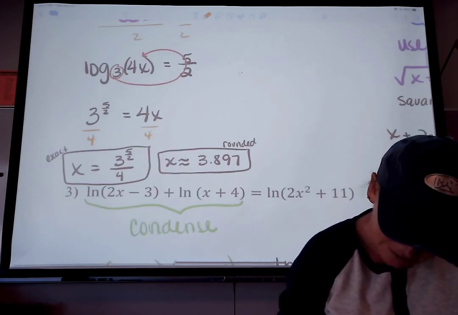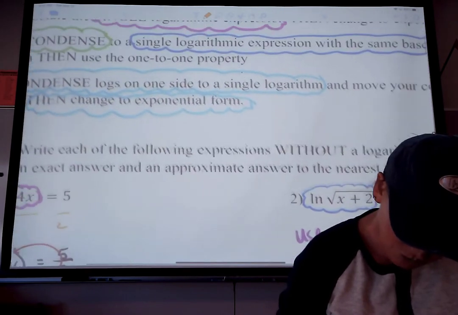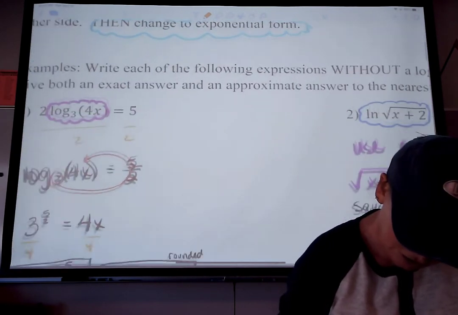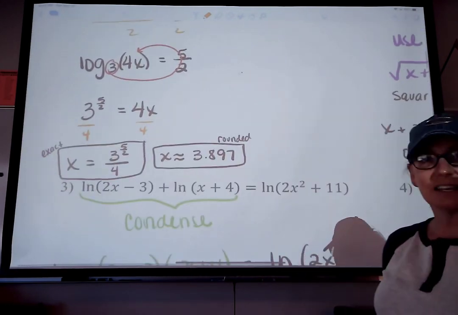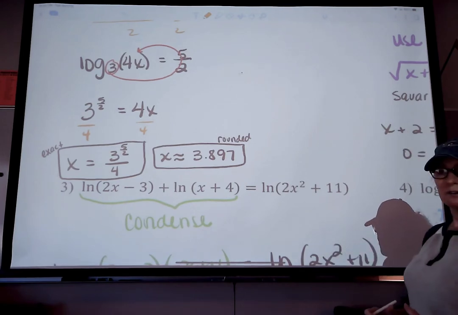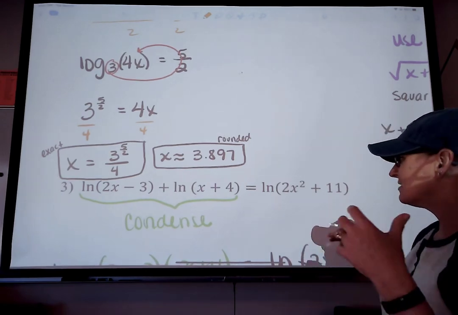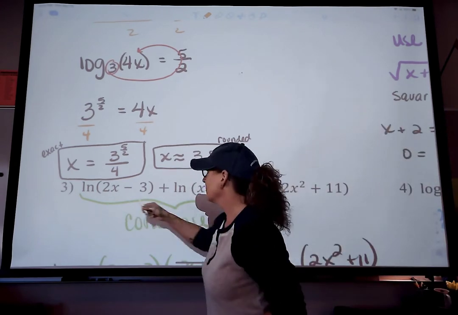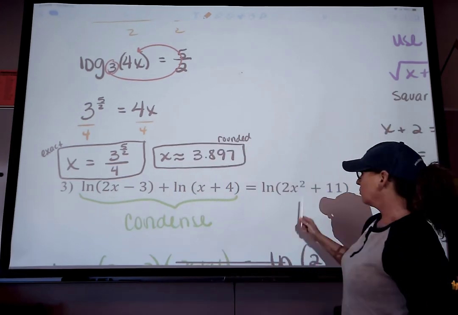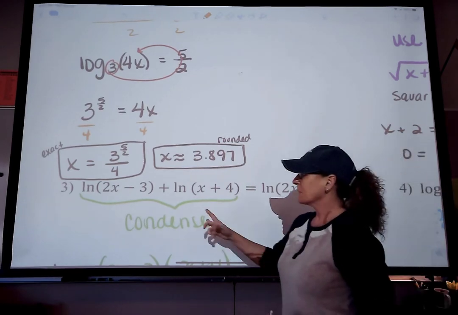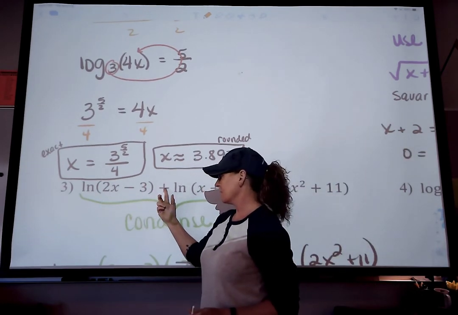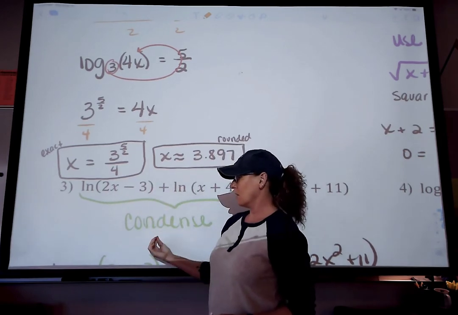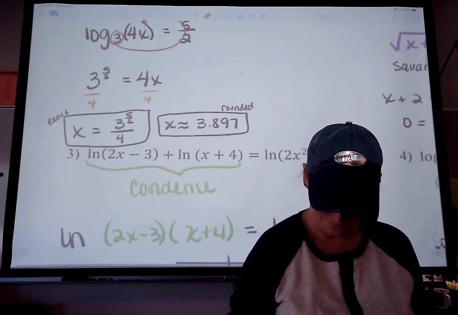Number 3, I think we're on, nope, we're still on plan B. It says condense the logarithms, if you can, to a single logarithm on each side. So I've got 2 over here and 1 over here. So I'm going to condense these 2 logarithms to 1 logarithm, right?